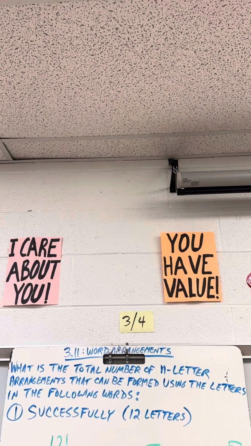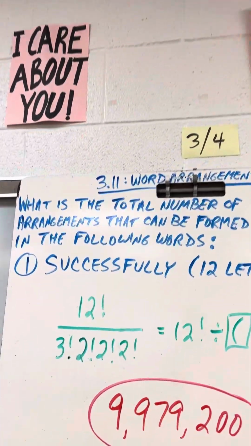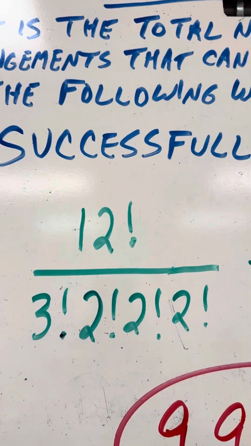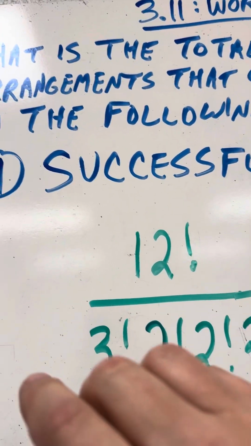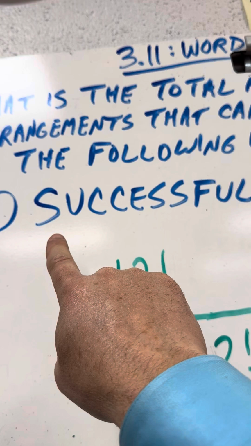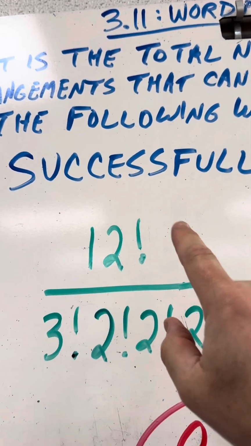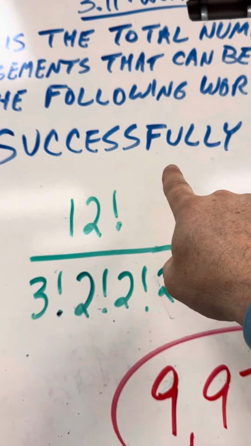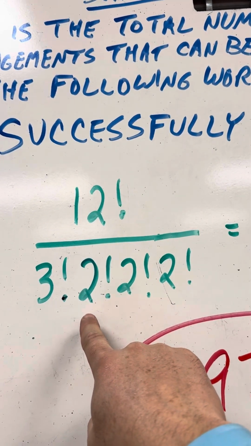Well, since there's 12 letters, you take 12 factorial, and then you divide by, well, how many S's are there? There's 1, 2, 3 S's, so that makes 3 factorial. How many U's are there? There's 2 U's, so it's 2 factorial.